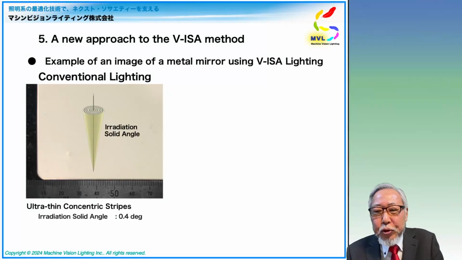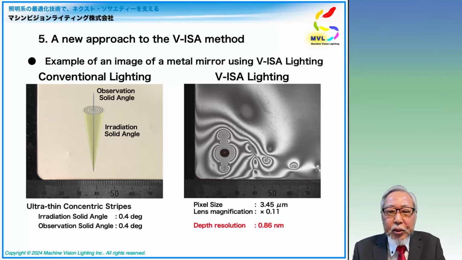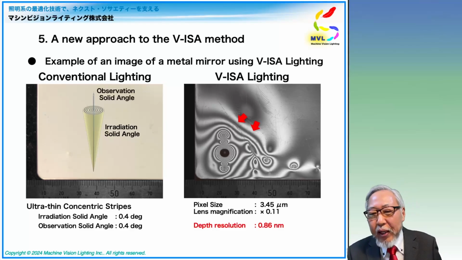If you take a picture of a mirror with this, it will look like this. In this example, the theoretical depth resolution is 0.86 nanometer. It's amazing. Areas of continuous brightness with the same brightness have the same tilt.